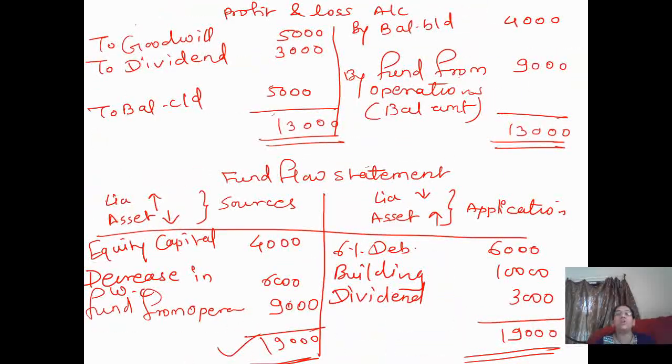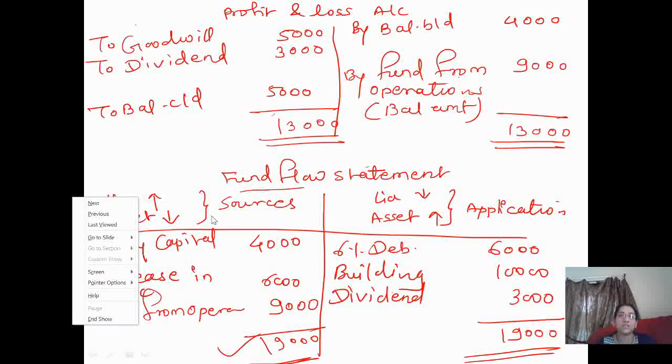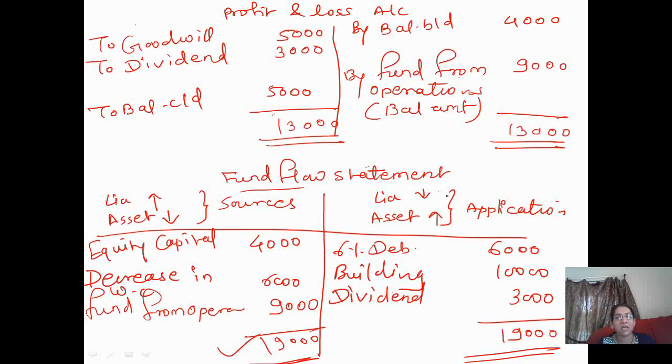Then we have prepared the profit and loss account, which shows expenses and losses and income and gains. And here we have prepared the fund flow statement. Under the fund flow statement, we have to identify four things: liability increase is a source, liability decrease is an application, asset increase is an application, and asset decrease is a source.